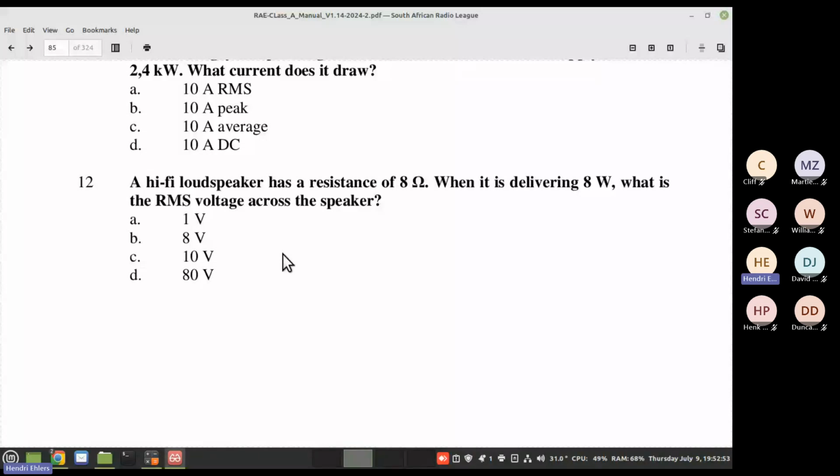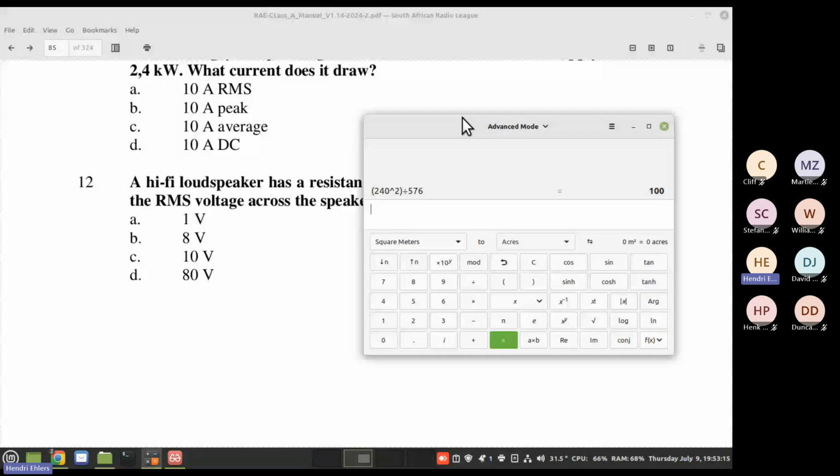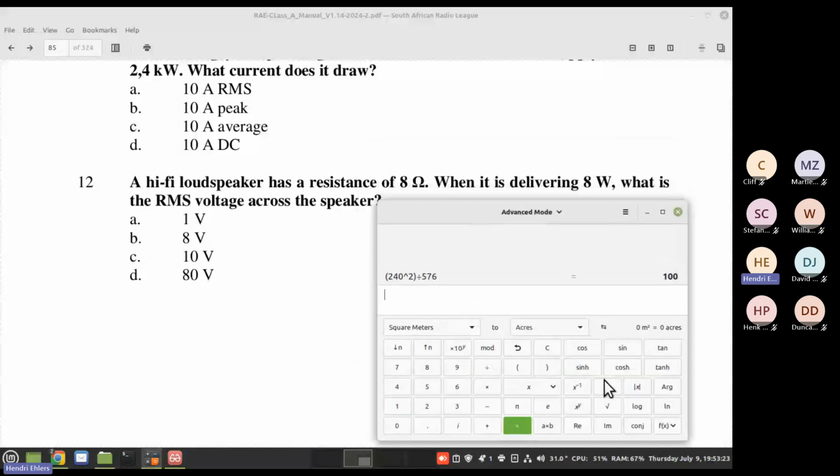Right, so our formula would be P equals V RMS squared divided by R. If we manipulate our formula, we say V RMS equals the square root of P times R. So we say the square root of 8 times 8 equals 8. And that is B.